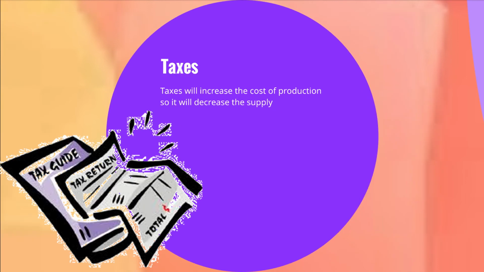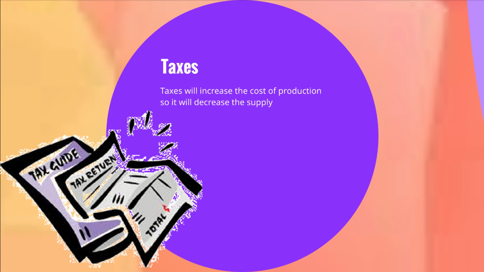Taxes. What are taxes? If you ask your parents what taxes are, they will tell you they have to pay different types of taxes: income taxes, inheritance taxes, and sales tax. Income tax, you pay to the government for the income you are earning.